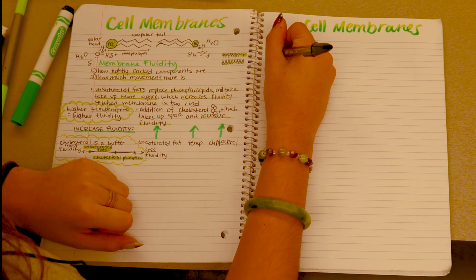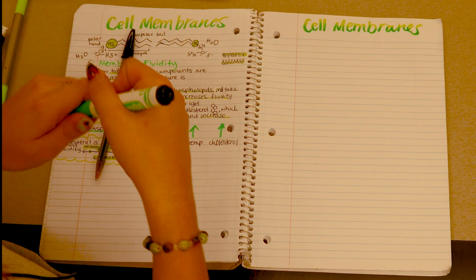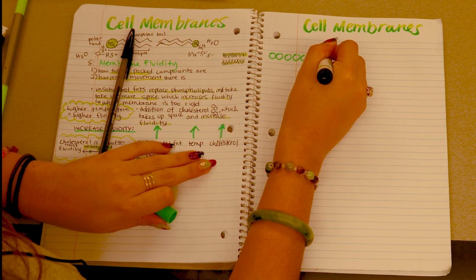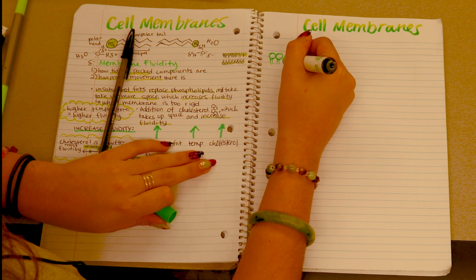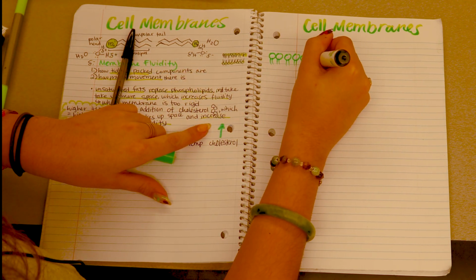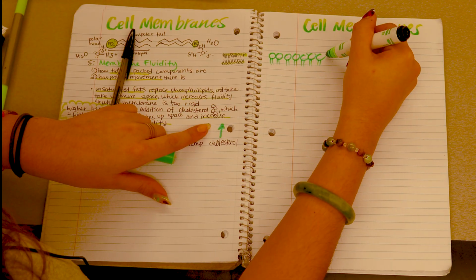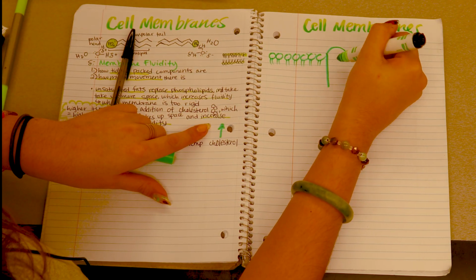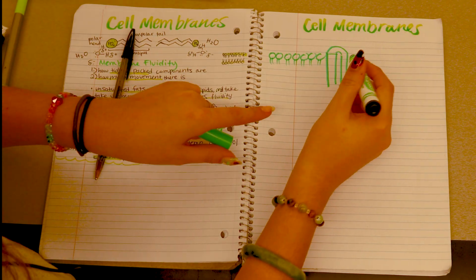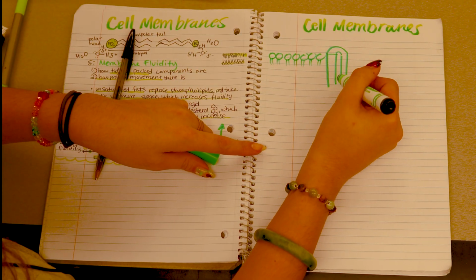So we can just draw a bunch of phospholipids. Actually, I'm going to draw them like this. So let's say we have a bunch of phospholipids, and these are the little tails. I'm just simplifying them like I did over here. And then we're going to have a thing sticking out, and we'll talk about what this thing is later. But right now it's just like a shoot, basically.